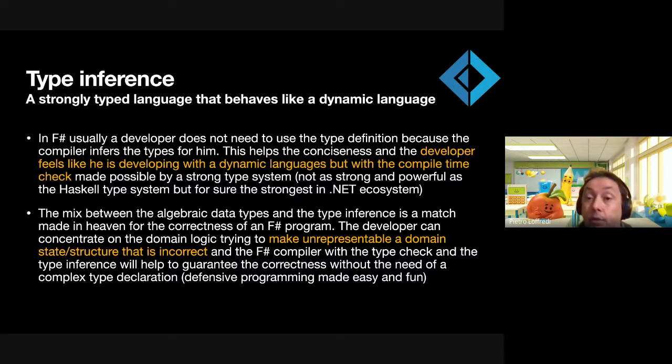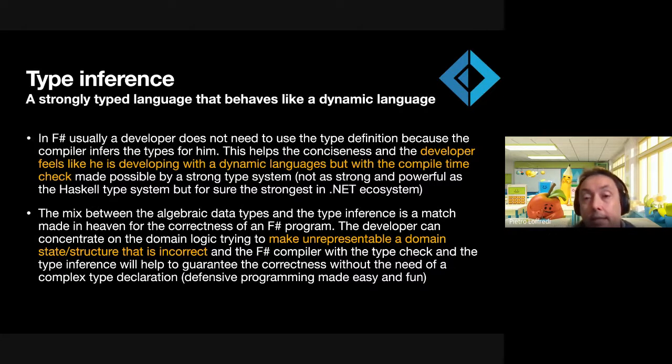This helps the conciseness, and the developer feels like they are developing with a dynamic language, but with the compile time check. This is made possible by a strong type system.